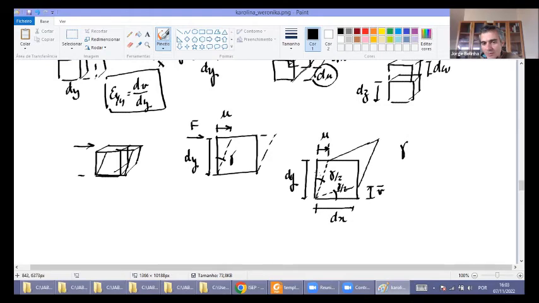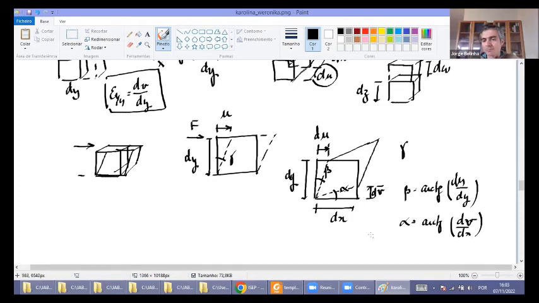This gamma over 2 that we are seeing here, I'm going to call it something other than gamma. Let's call it beta, and here let's call it alpha. So beta is the arctangent of du over dy, and alpha is the arctangent of dv over dx, isn't it?